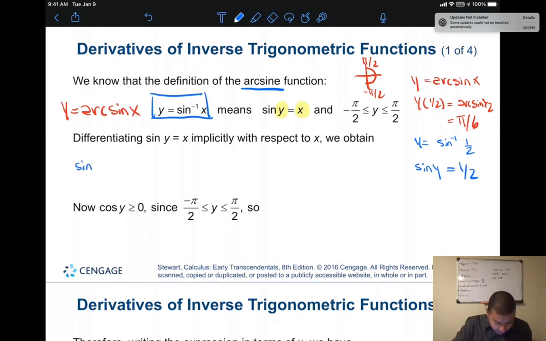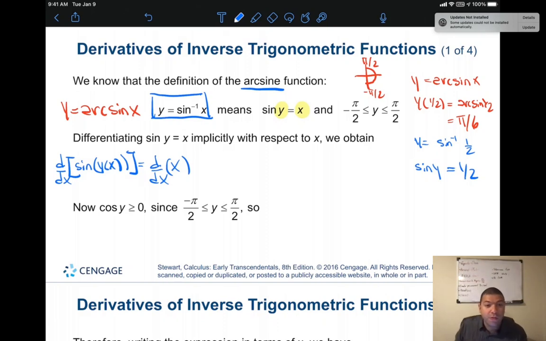So you have this equation, sine of y of x equals x, remember what we did before with implicit differentiation. So now I can use implicit differentiation and differentiate both sides. So I do d/dx of that equals d/dx of x. Too many parentheses, so I'll change one of the parentheses to brackets.